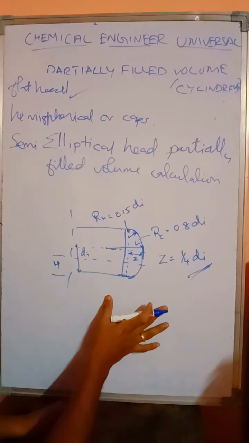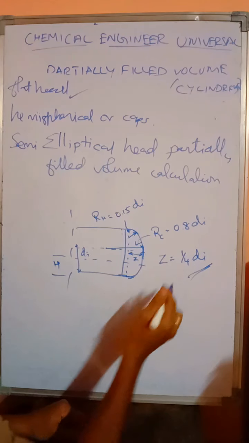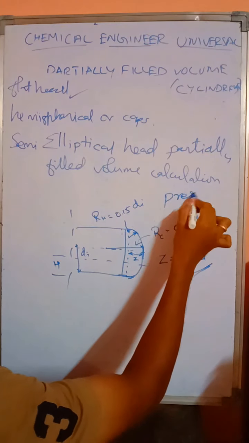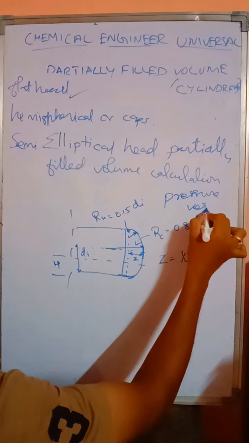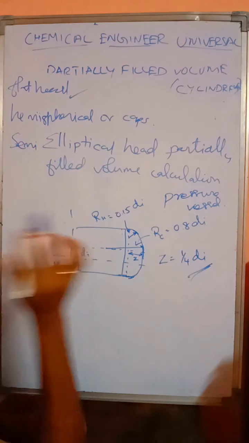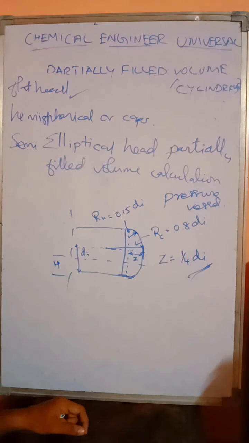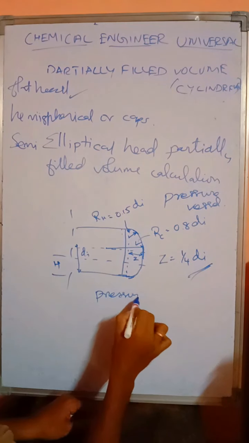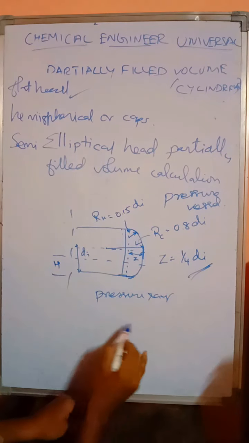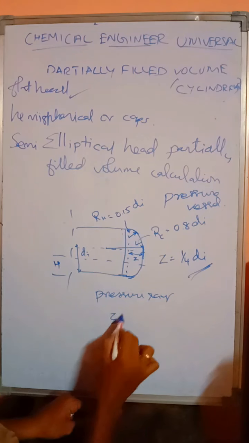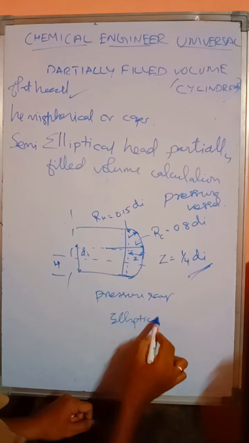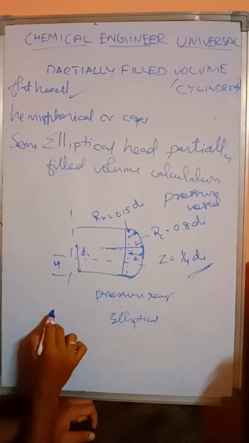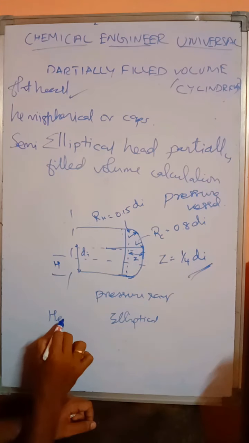This design will be mostly used for pressure vessels. So the pressure range, if we take the pressure range, elliptical is less than hemispherical heads.